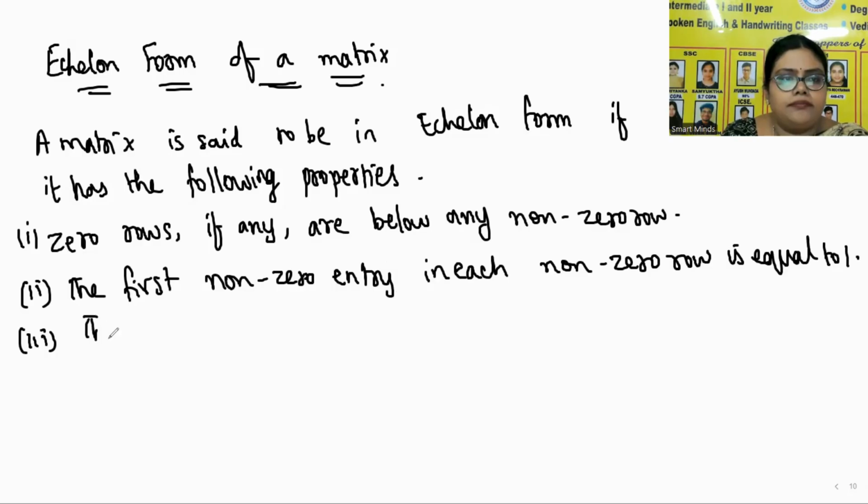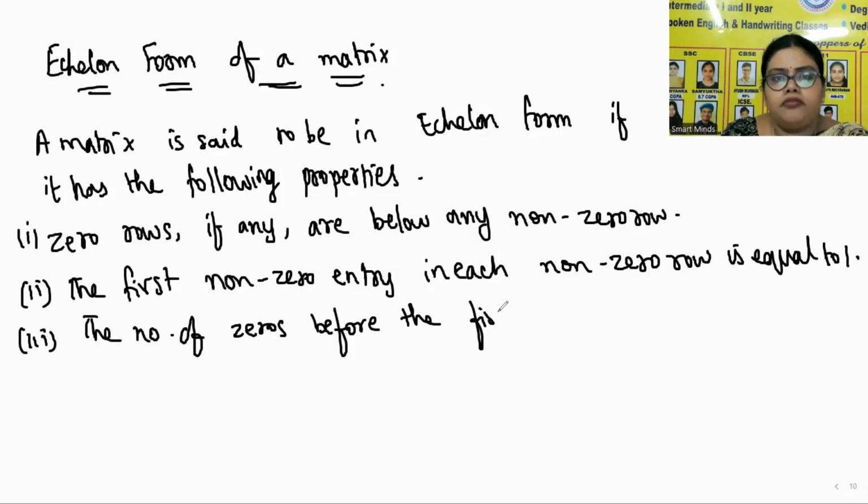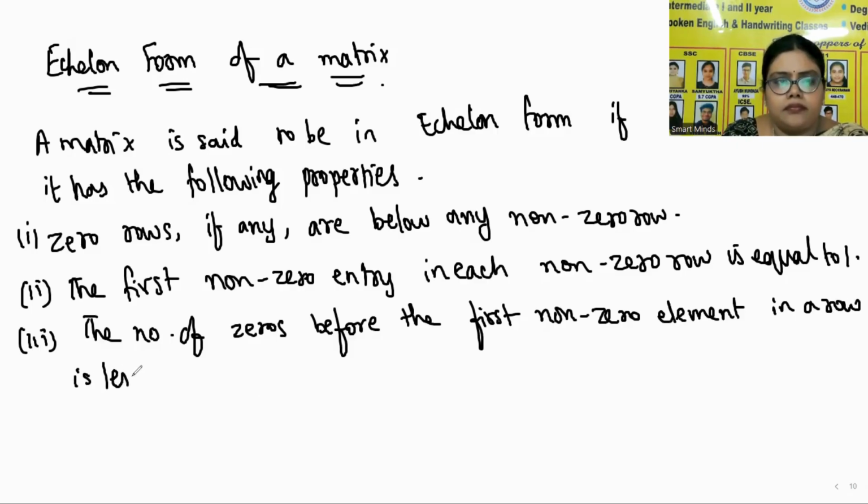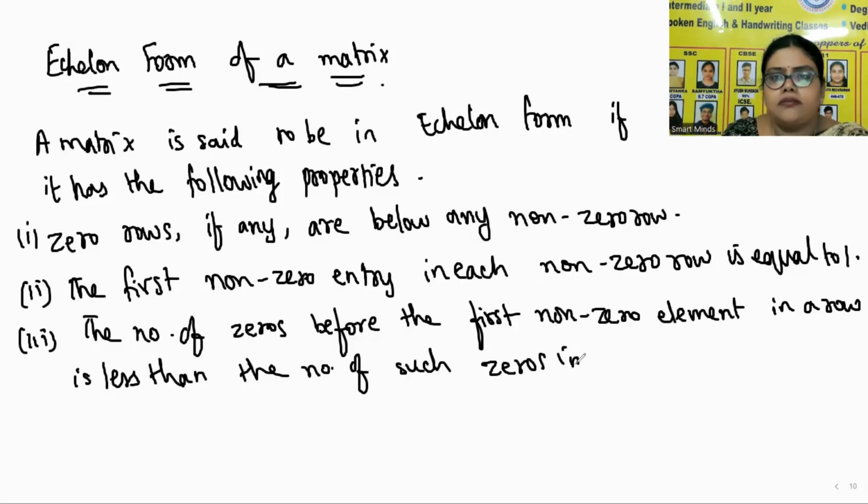Number 3, the number of zeros before the first non-zero element in a row is less than the number of such zeros in the next row.